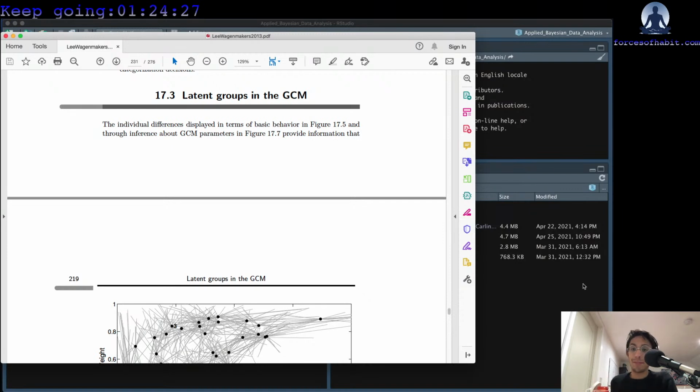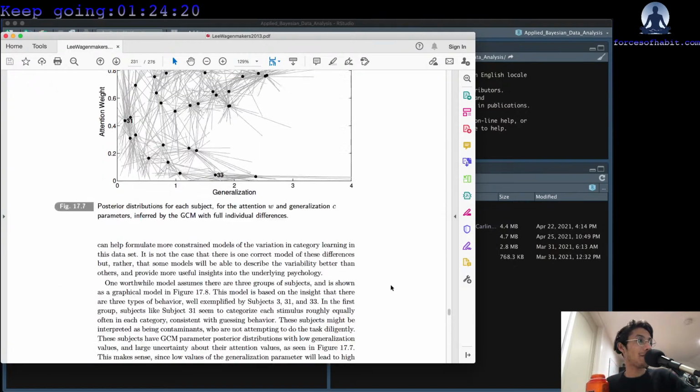So that's cool. We've gotten to the stage where we really can start decomposing each of the particular pieces of the graphical model.